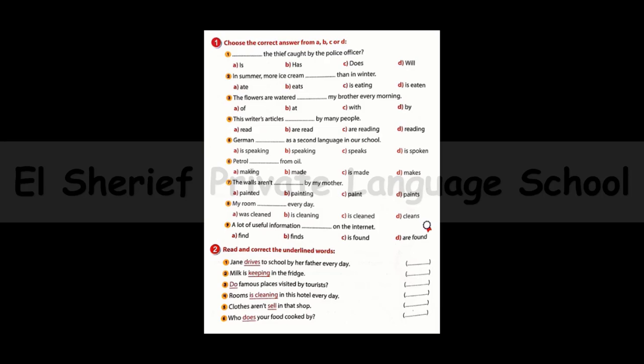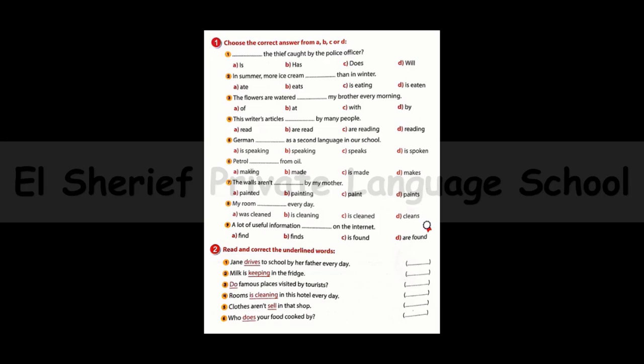So it will be, my room is cleaned every day. Number 9, a lot of useful information is found on the internet. So yes, here information is an uncountable noun, so it will be followed by a singular verb, and it will be, yes, a lot of useful information is found on the internet.